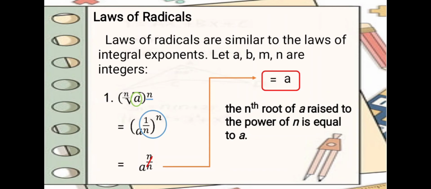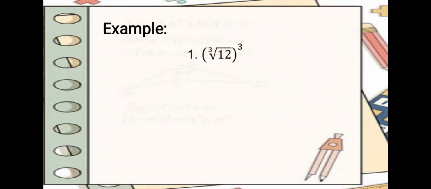So, let's have an example. The given here is quantity cube root of 12 raised to 3. So, how do we simplify it? So, it becomes quantity 12 raised to 1 over 3 raised to the third power. So, isi-simplify muna natin yung sa loob sa pamamagitan ng pagta-transform ng radical expression to exponential form.